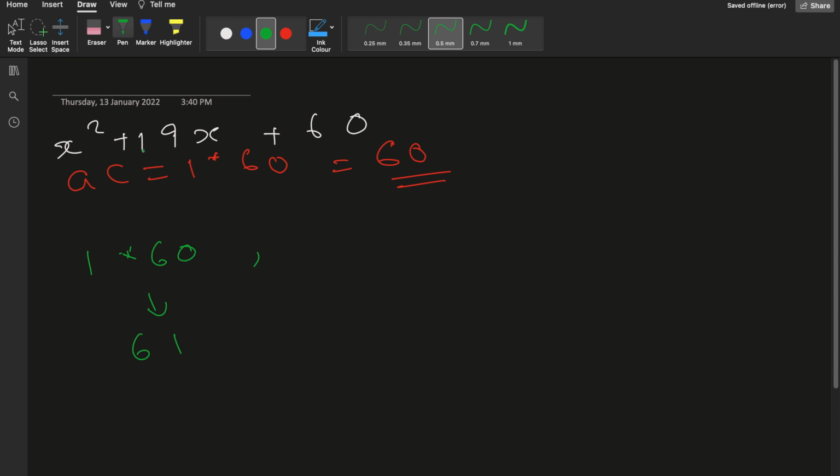That's not correct because we have to find 19. Then we have 2 into 30, that would give us 32. We have 3 into 20, that would give us 23, which is also wrong. And we have 4 into 15, which is 19. So we got our two values.